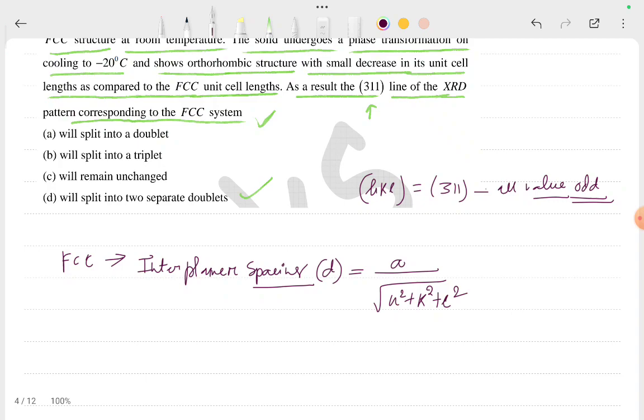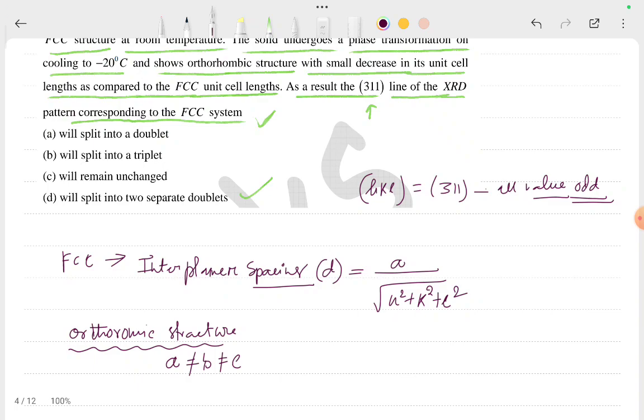Again, for the orthorhombic structure, another structure, we already give you the expression of interplanar spacing. What is an orthorhombic structure? In an orthorhombic structure, you already know a is not equal to b and not equal to c.